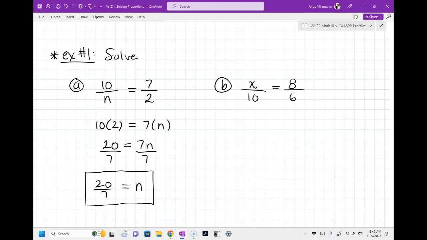If I were you, I would, but you don't have to. Because if you reduce it, then when you multiply, the numbers come out smaller. If you leave it in its bigger form, 8 times 10 is 80. If I reduce it, that becomes 4/3. 4 times 10 is 40. It's half the size, right? So if I were you, I would reduce it. So I'm going to go ahead and do that.